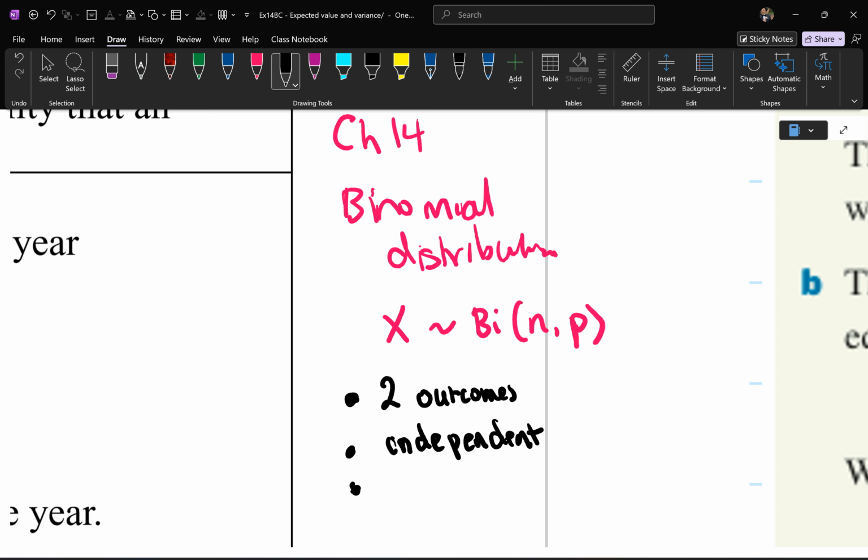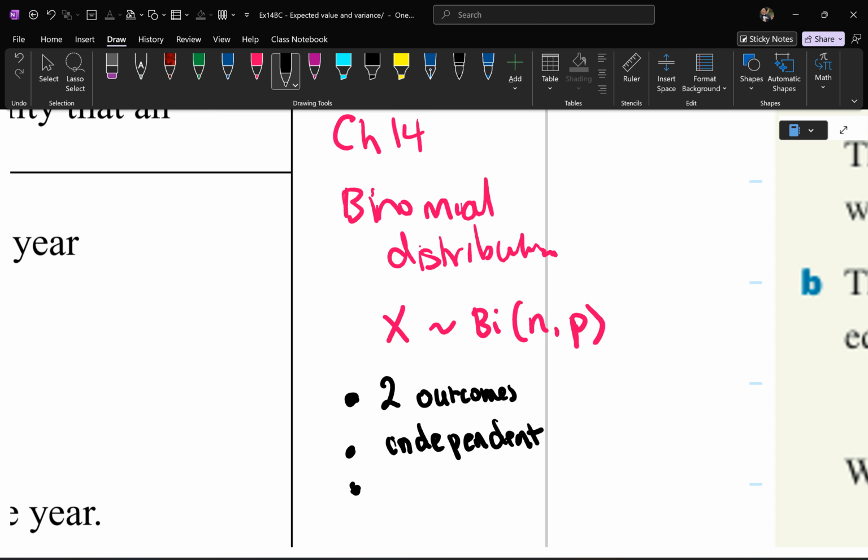Every trial, every flip, every roll has only two outcomes. You either get it or you don't. Each one is independent, but also the probability of each event is equal, or constant. It has to be the same.